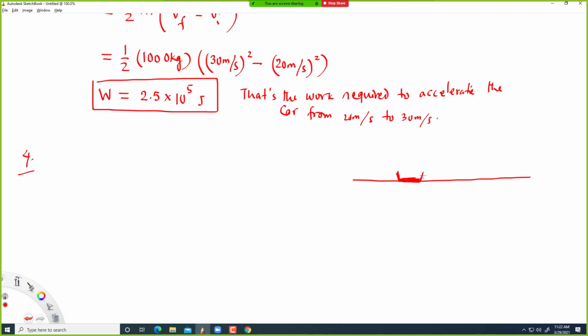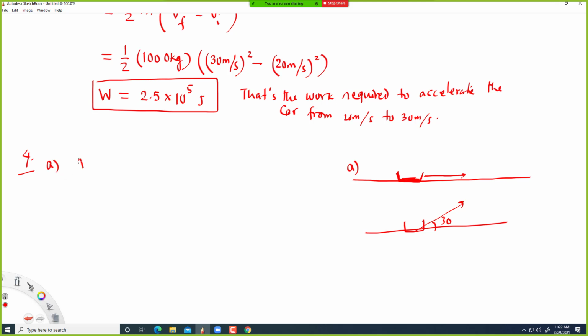It's pulled in two ways. One is horizontally like that. That's the first case. And in second case, it's pulled at an angle of 30 degrees.